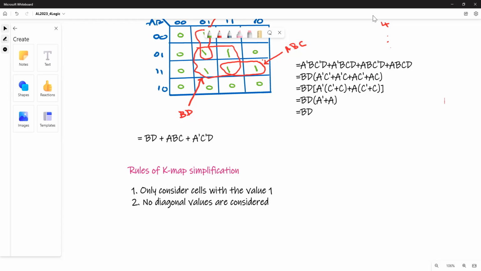Right, now let's write down the remaining ones.